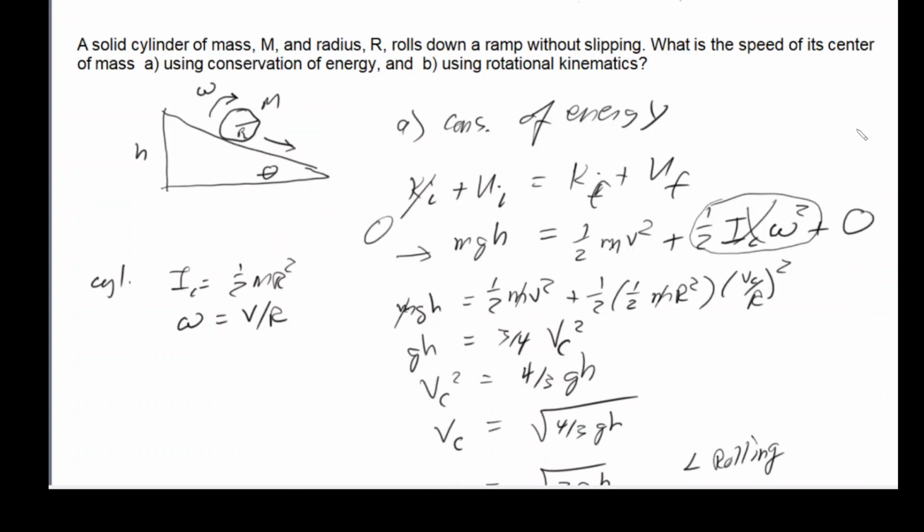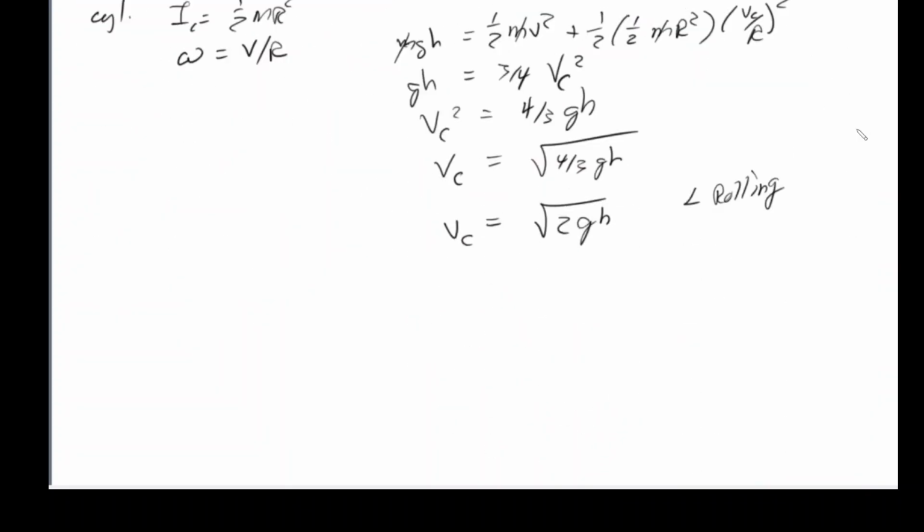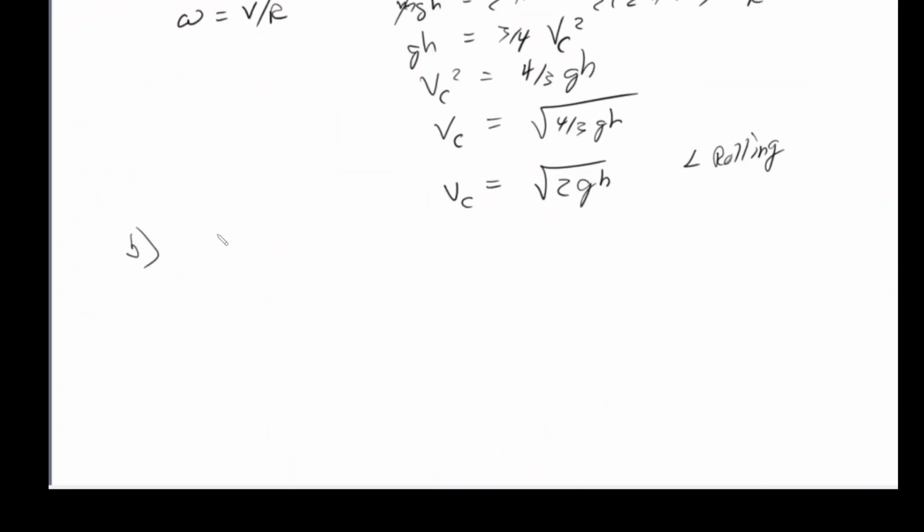Now, part B asks, using rotational kinematics, what is the speed of the center of mass at the bottom? So for part B, we're using rotational kinematics. So let's redraw our diagram again. This part's the same.